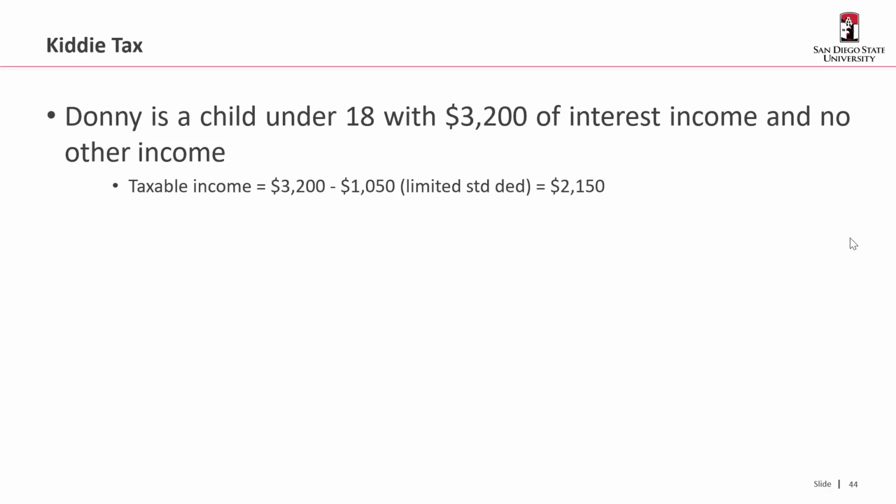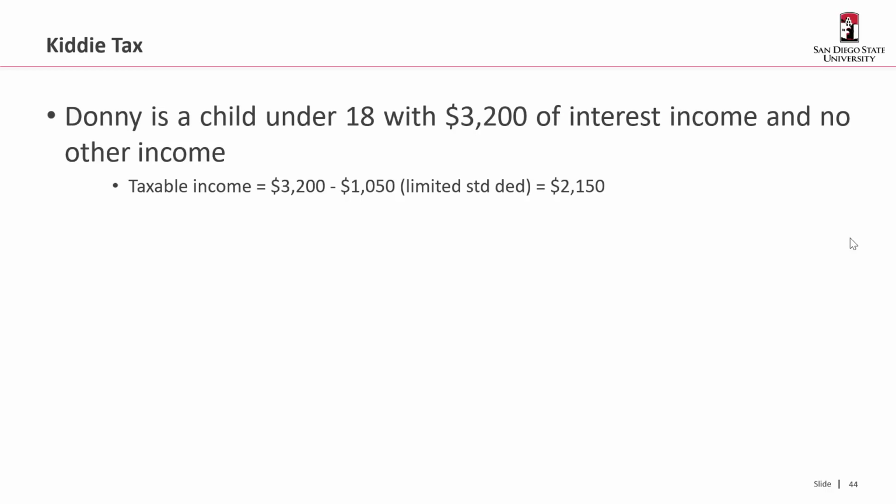So you take his gross income of $3,200 and you would deduct his standard deduction. So recall that Donnie's standard deduction is limited, right? It's either $1,050 or his earned income plus $350 up to the limit, which for a single taxpayer, assuming Donnie's single, would be $12,000. So in this case, it's $1,050. So $3,200 minus $1,050 is $2,150.